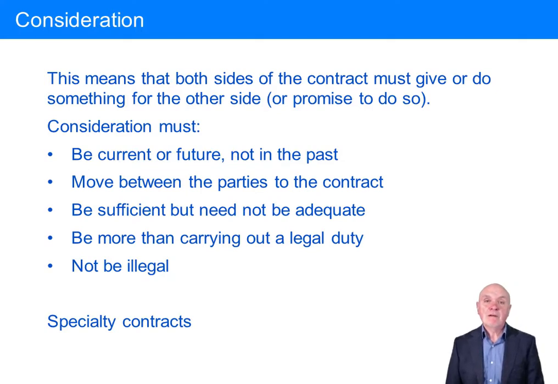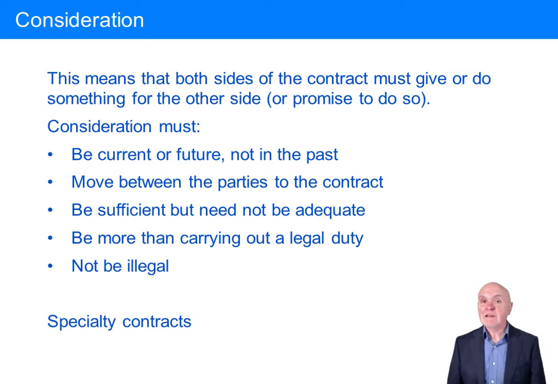What had happened was a man died and one of his children moved into the old house where the father had lived, and the house needed a lot of renovation, and the son spent a lot of money renovating the house. After that, the man's other brothers and sisters entered into an agreement where they promised that when the house was sold, they would reimburse that brother for the repair costs.